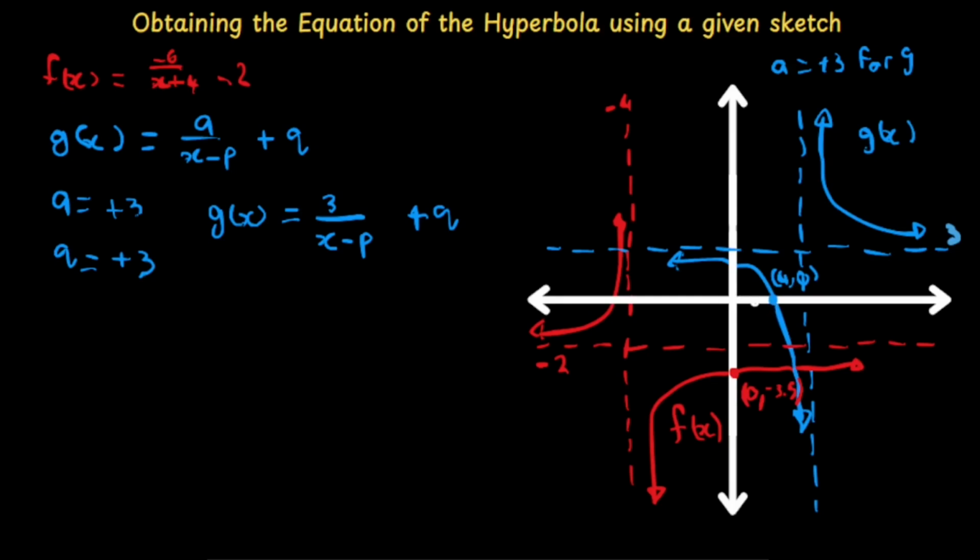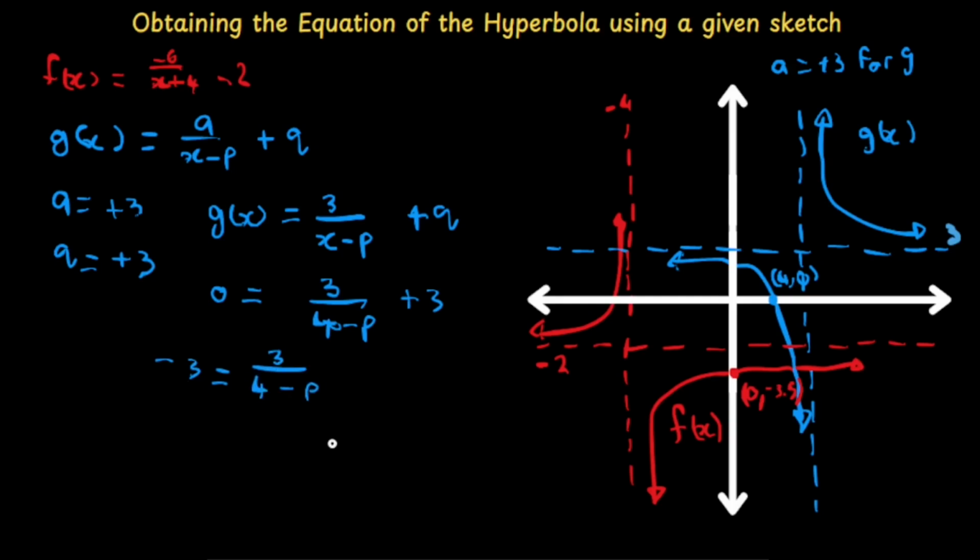Let's substitute this coordinate into our equation. 0 is equal to 3 over 4 minus p plus 3. Now we can solve this equation in order to obtain the value for p. If I move the value of positive 3 over the equal sign, I would get negative 3 is equal to 3 over 4 minus p.